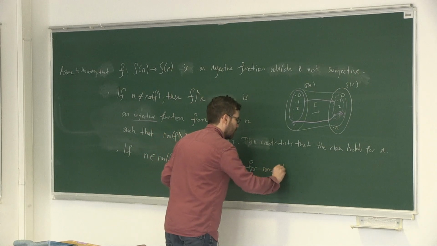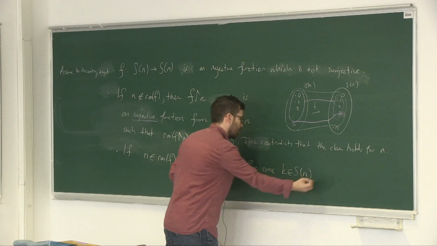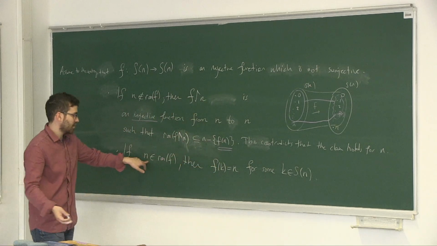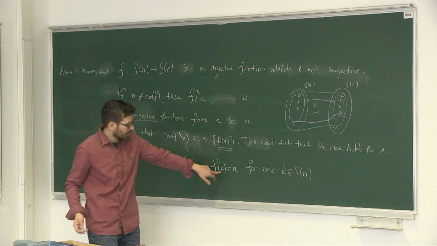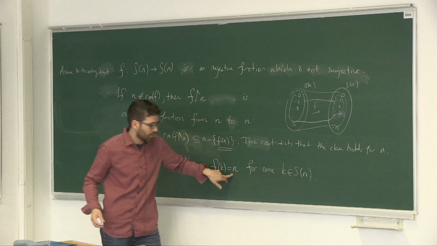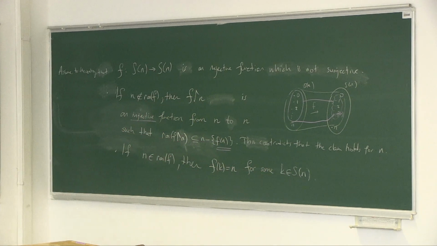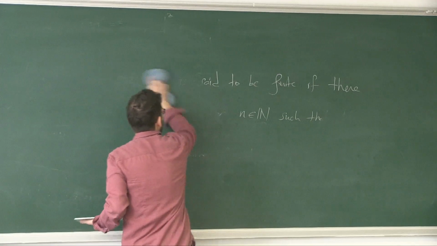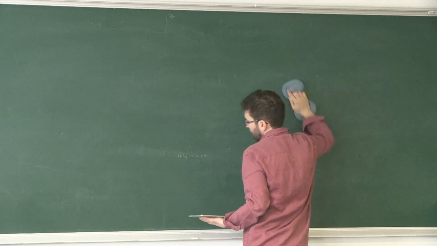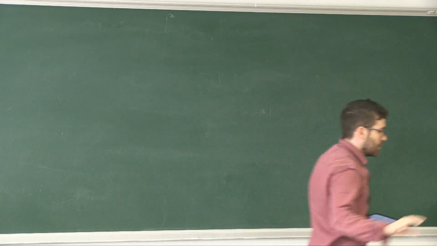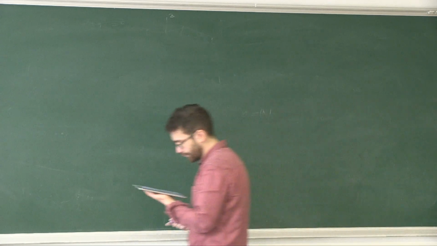That's by definition. If this is in the range, then there is some k in the domain which maps to this. Now we're just going to modify the function a little bit so that we again contradict the induction assumption.